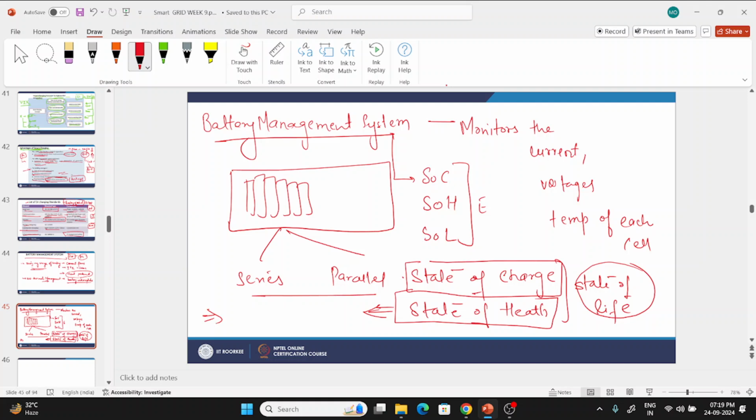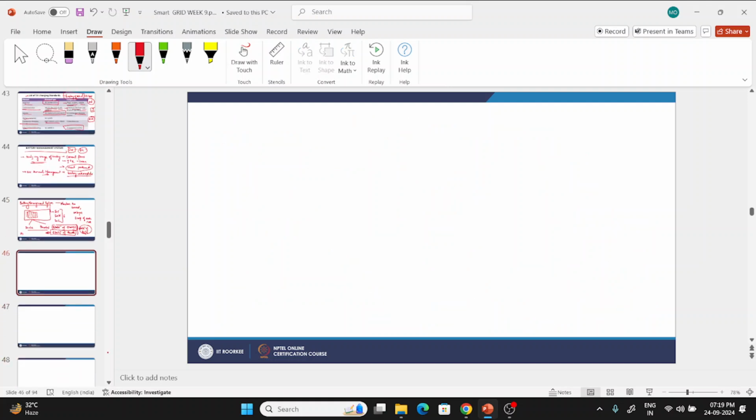The battery management system also does cell and module balancing. There are two types of balancing methods, one is passive and the other is active.